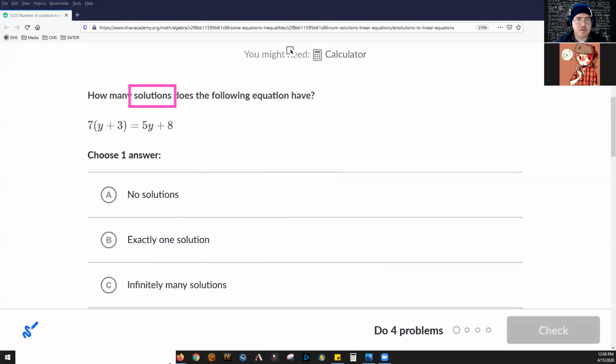For no solutions, when we work this out, we'll end up with something to the effect of 8 equals 17, which is just false. So that's our signal that there were no solutions. Exactly one solution is where our work will end up with something like y equals 9.